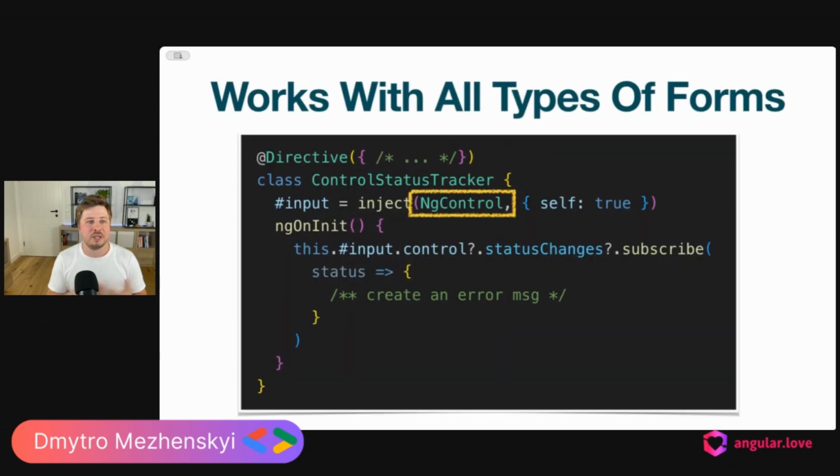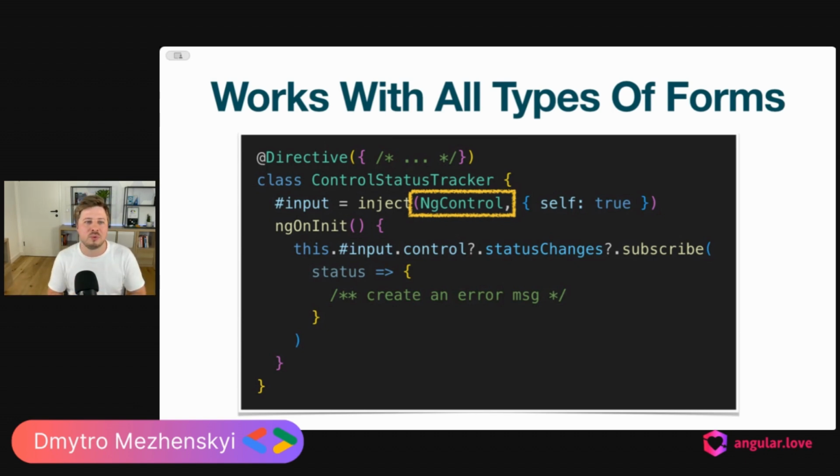We can actually inject the NgControl token, and already at runtime, via dependency injection, the concrete implementation of the control will be resolved, and you can safely subscribe to status changes without even knowing whether you are working with template-driven forms and NgModel, or it is one of the directives from the reactive forms, because they inherit the same base class, they have the same API, and because of this, they have the same contract.